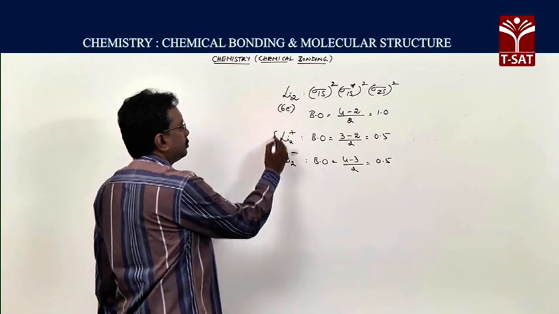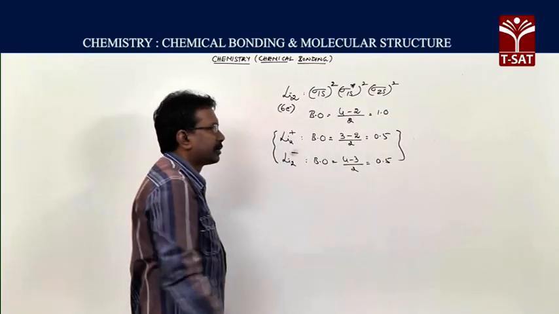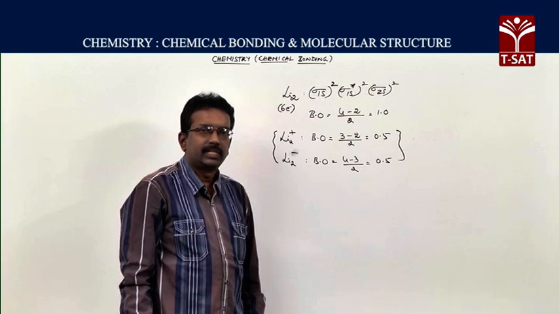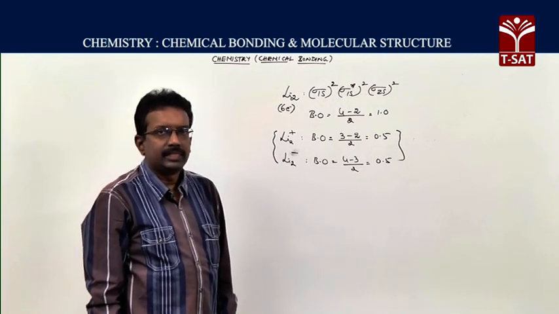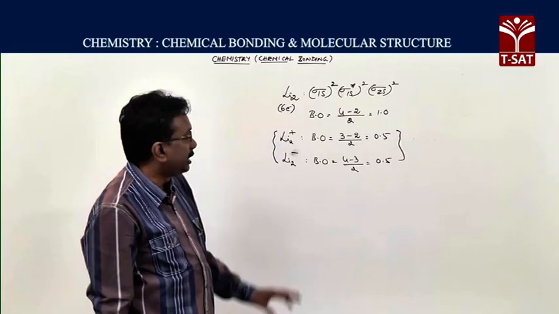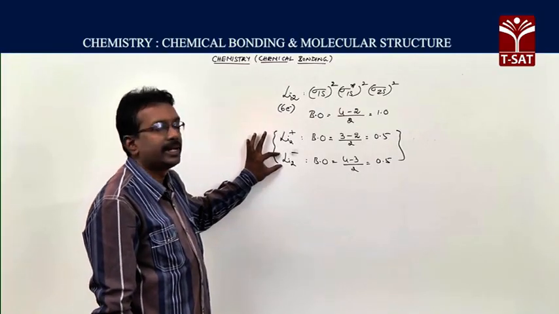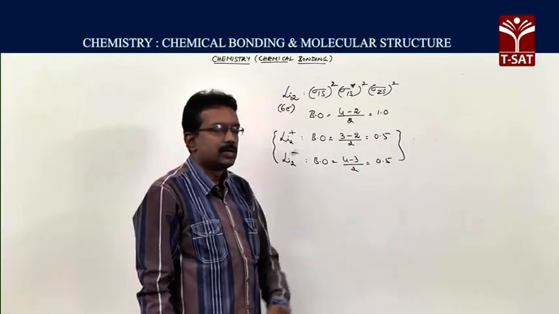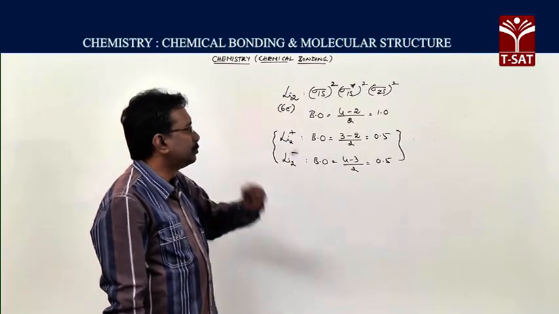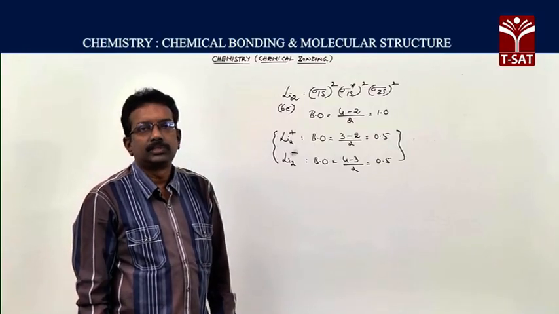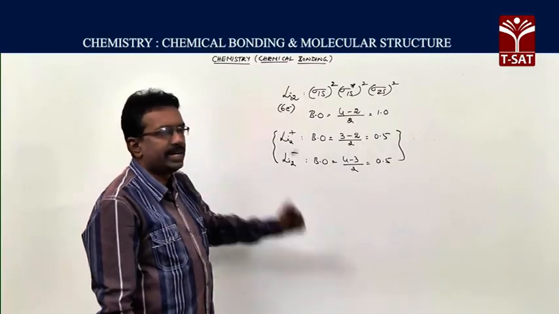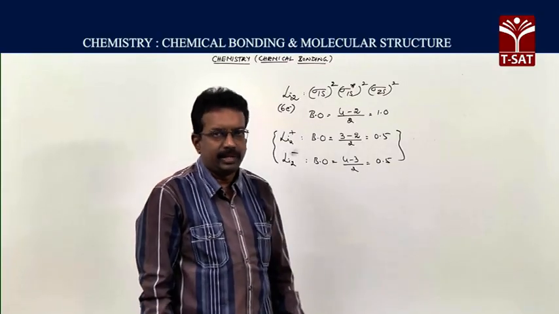So, now some confusion in these two ions. Just now I concluded that if bond order is more, bond length is less, stability is more, bond dissociation energy is more. But in the case of Li2 plus and Li2 minus, both species have same bond order. If both species have same bond order, then among these two, which one is more stable? Suppose they ask to arrange Li2, Li2 plus and Li2 minus in the correct order of stability.